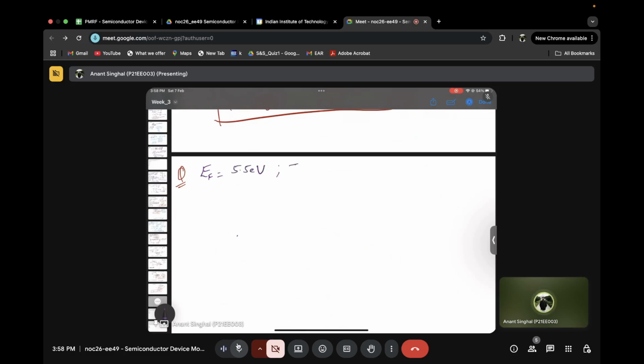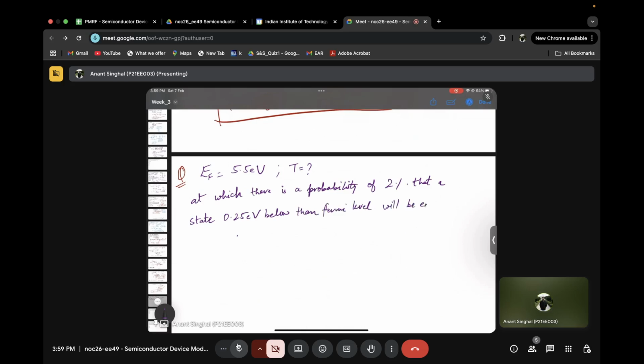Now the question is we need to find the temperature at which, try to understand the problem thoroughly, there is a probability of 2% that a state which is 0.25 electron volt below the Fermi level will be empty of electron.